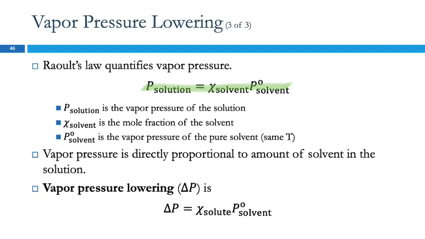So this is the vapor pressure of the solvent all by itself. This is the vapor pressure of the solution, and this is the mole fraction of the solvent in the solution. So the vapor pressure is directly proportional to the amount of solvent. You can also look at the change in vapor pressure. That one doesn't get used very much.